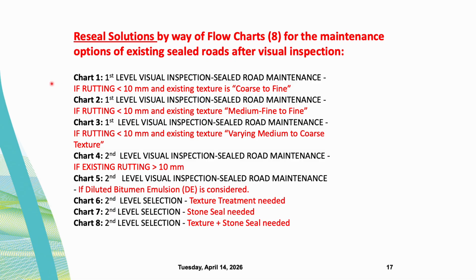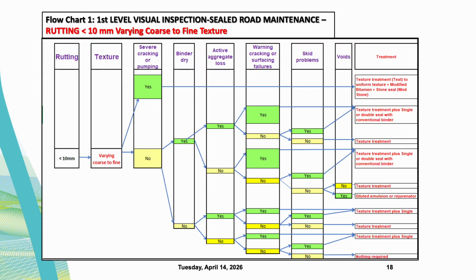Like in chart 1, if there's rutting less than 10 and an existing texture is coarse to fine, then you follow that flowchart, etc. Charts 2, 3, 4, 5, 6, 7, and 8 are on the second level, from 4, and the first level is for the first 3. Let's jump into the first one.